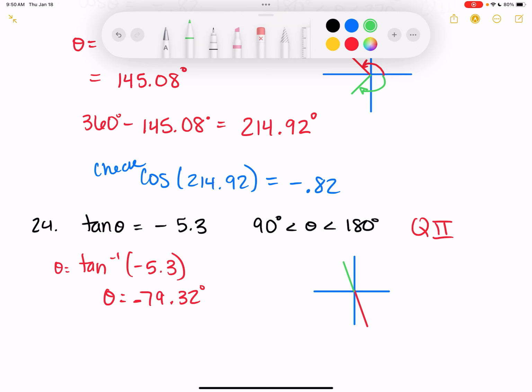So we're going to do negative 79.32 plus 180.